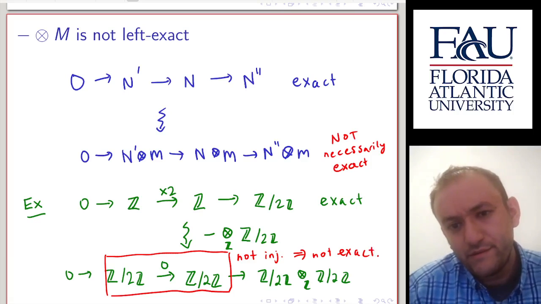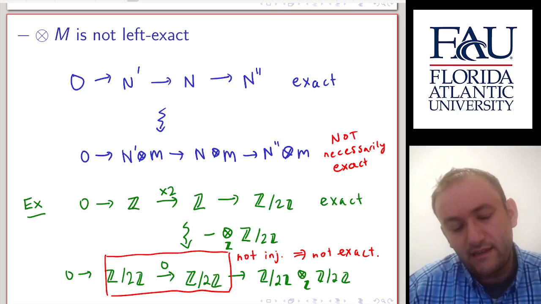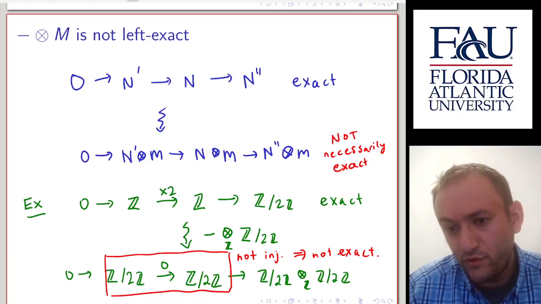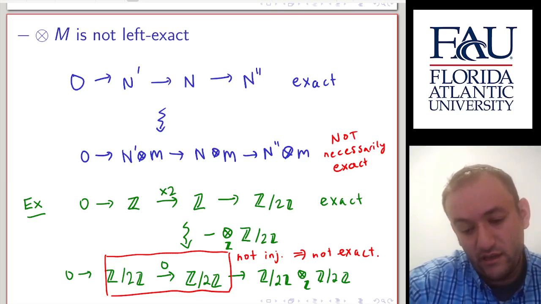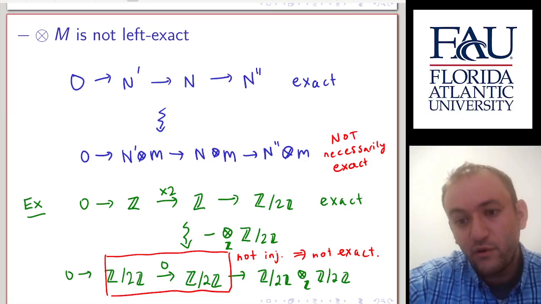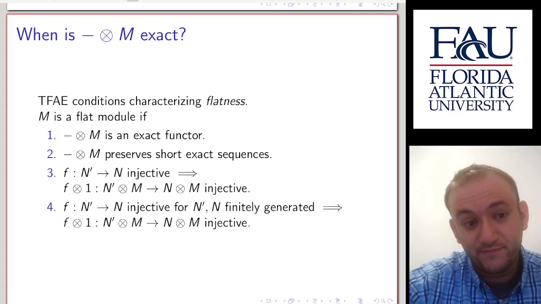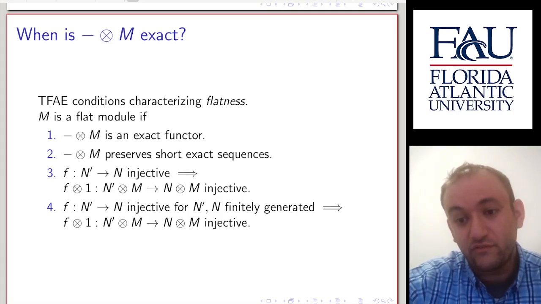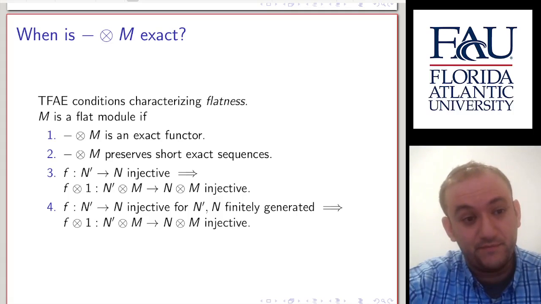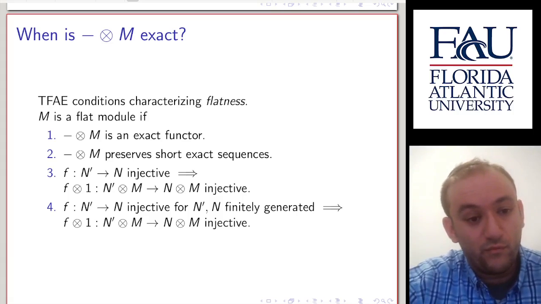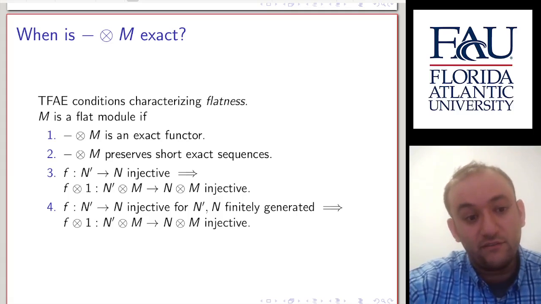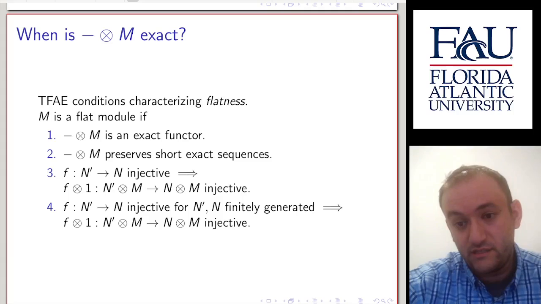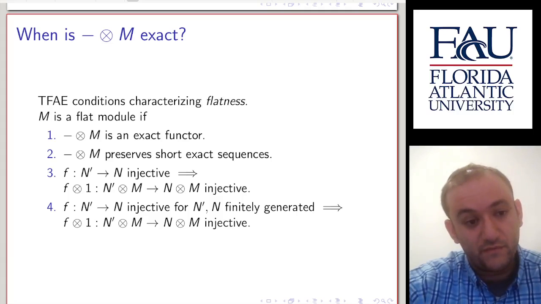Okay, so this tells us that we shouldn't be hopeful for any module to lead to an exact functor. But what if we knew which types of modules did lead to exact functors? Okay, and that's exactly what flatness comes to answer. A module is called flat if any of the following equivalent conditions are satisfied.